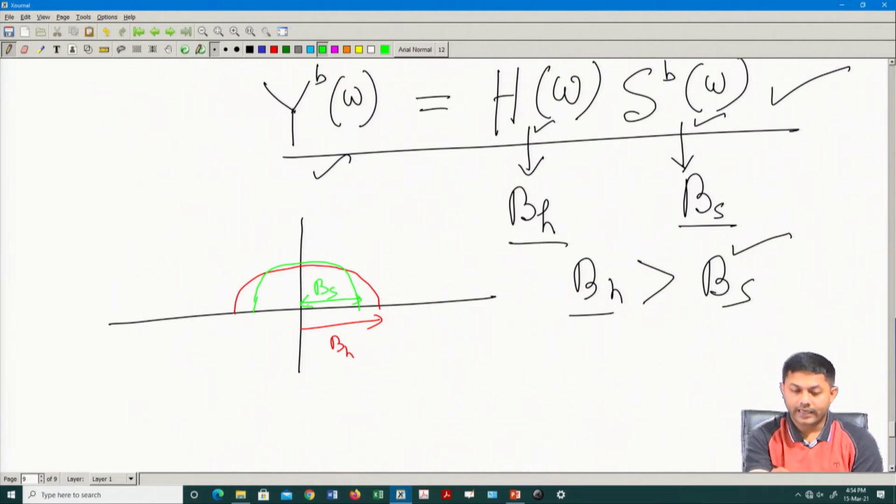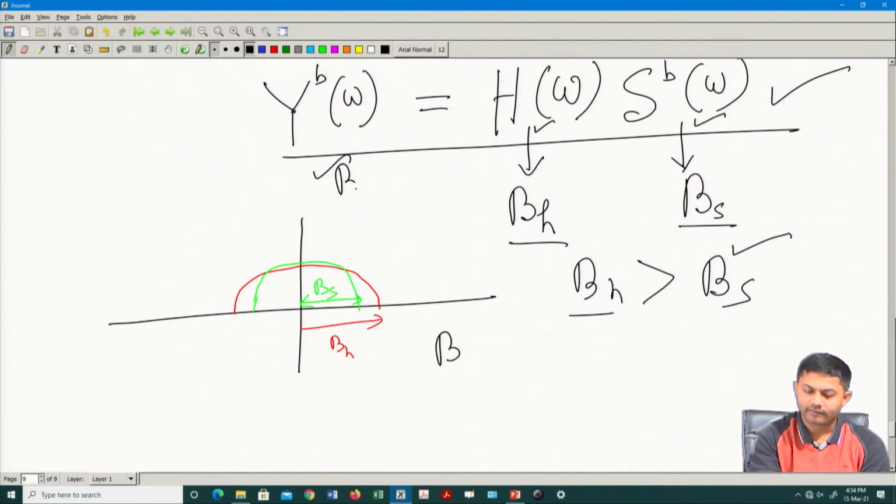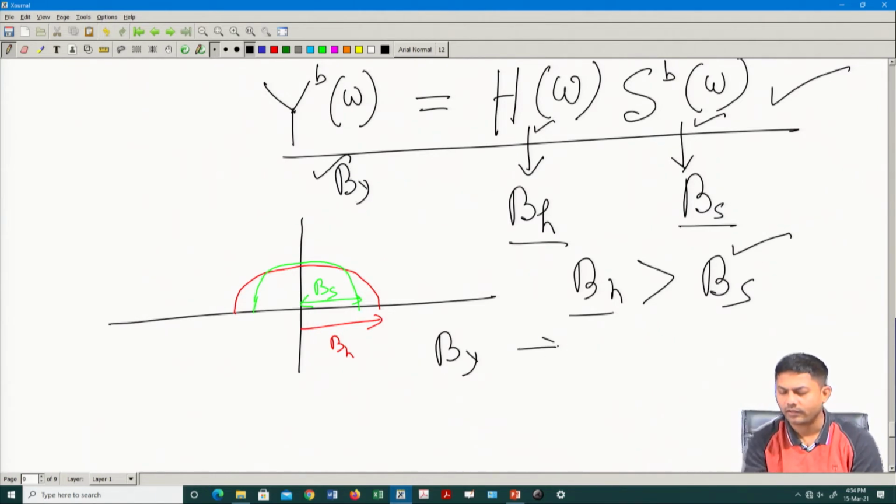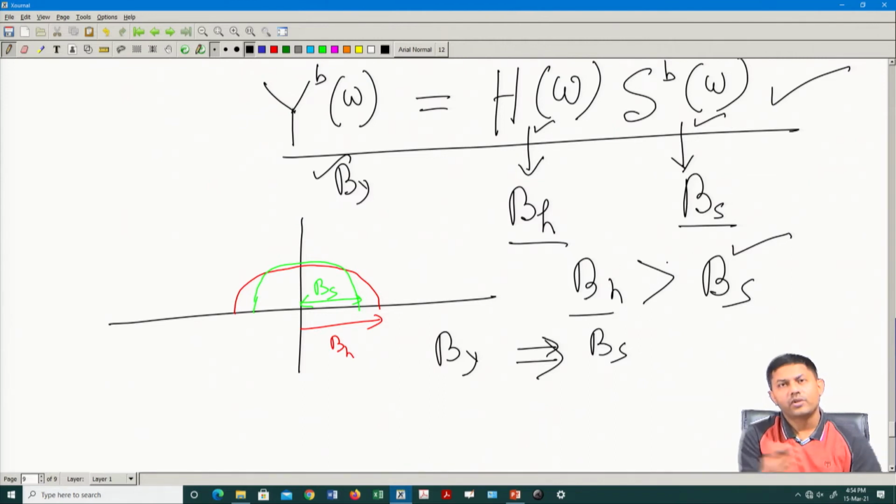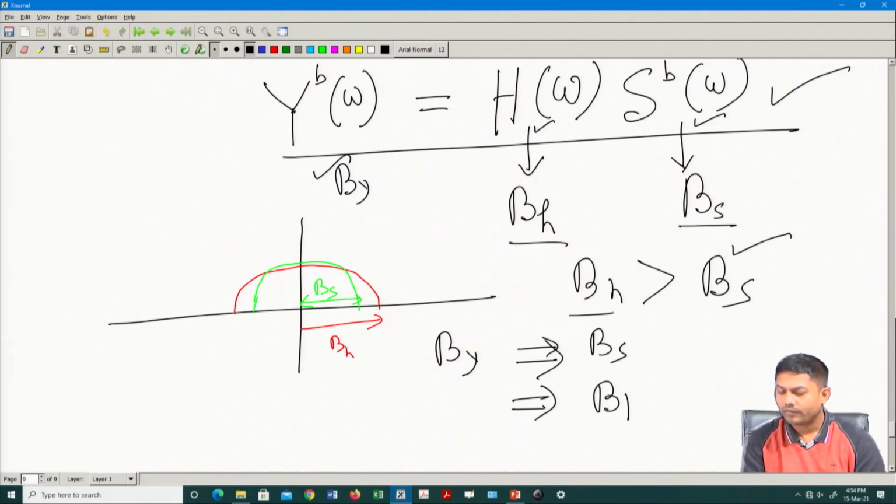Okay. So, can I say the bandwidth at the output or received side is B_y. So, can I say B_y will be nothing but B_s, obviously, right, because B_h will pass on everything, or it will be B_h if B_h is less than.